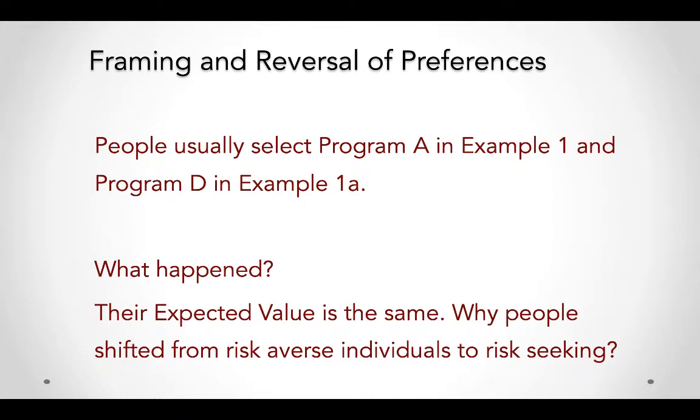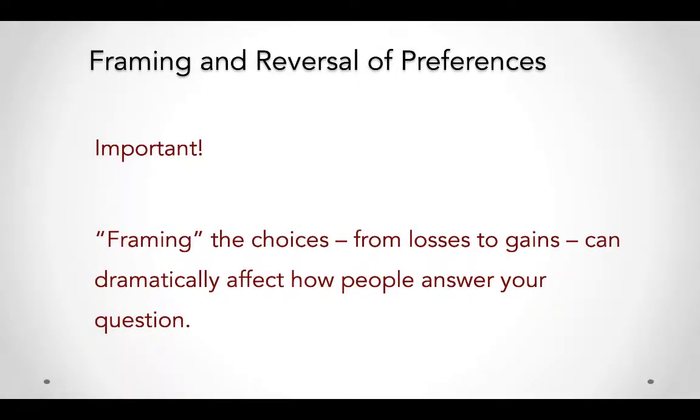As you can see, your risk preference has just shifted from adopting a sure gain to a gamble in a loss kind of situation as we move from example 1 to example 1A. If you need some time, go back and do this math again and see what you have chosen.